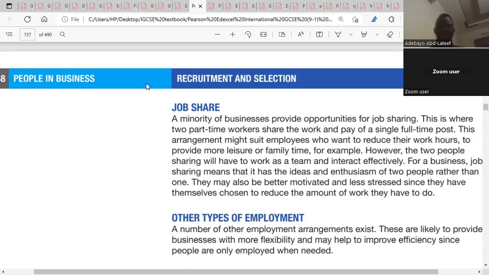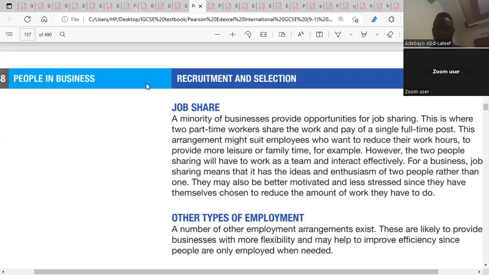Can you repeat it? Yeah, when talking about job share, it means two part-time workers are going to take a job that belongs to a full-time worker, and they share the pay accordingly. So maybe I'm supposed to take a full-time job in a school, from Sunday to Thursday. So I choose to take 2.5 days, and the other one chooses 2.5 days.